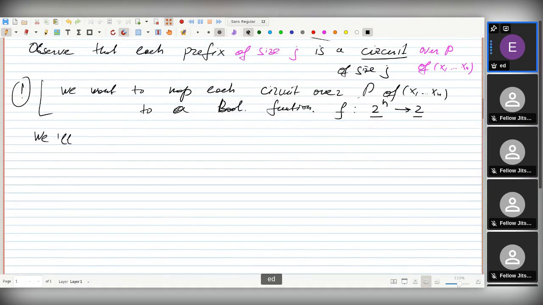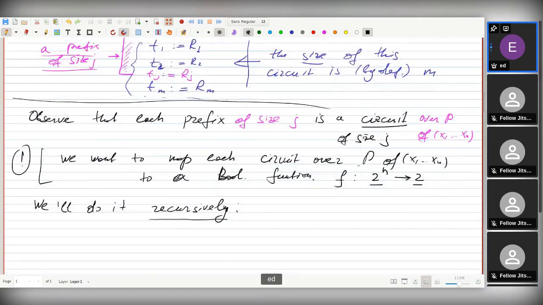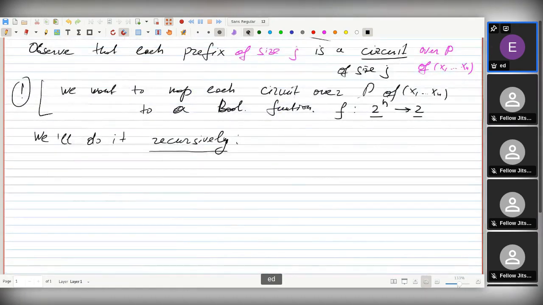We will do so recursively. What does it mean recursively? We will define this function assuming that we already have a function for all proper prefixes. Every circuit which is a prefix of what is given to us.